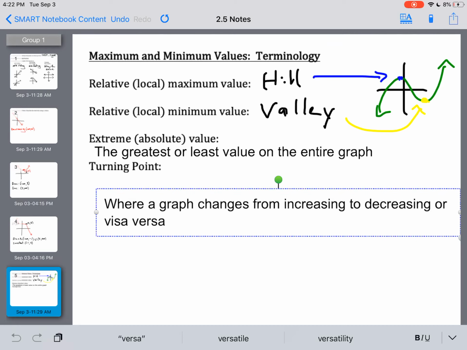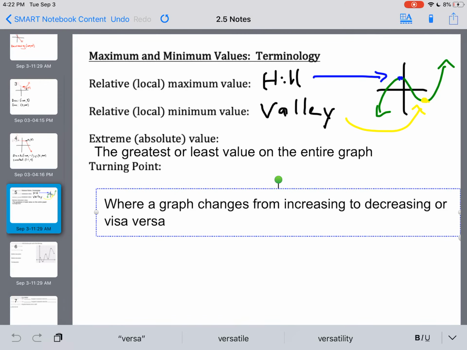Where it changes from increasing to decreasing or decreasing to increasing. And in this little green graph up here that I drew, both our local max and local min would be examples of turning points, where the graph changes from increasing to decreasing or decreasing to increasing.